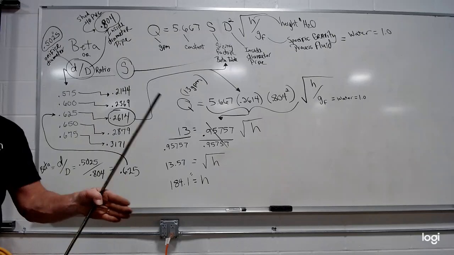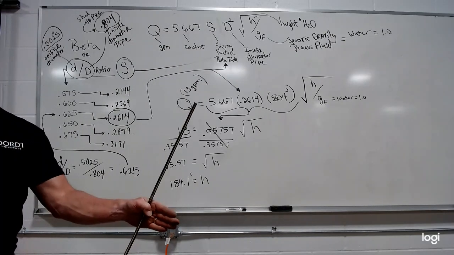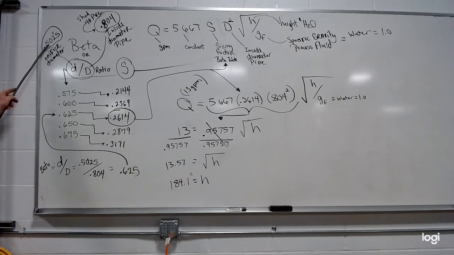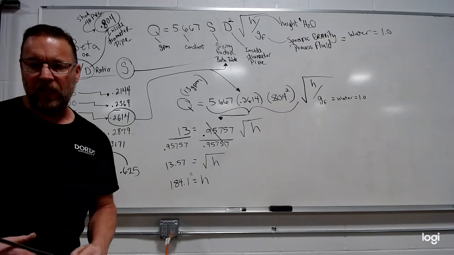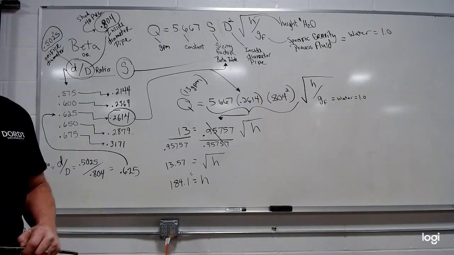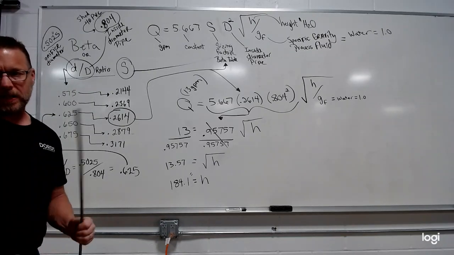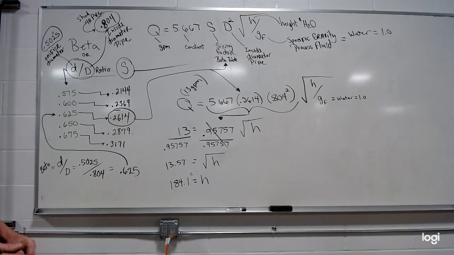So that restriction that we put in the pipe, that orifice plate, actually has a hole in it that is 0.5025 inches in diameter. How do we know that? Keith and I just drilled that hole today, all right? I measured it with a digital caliper, and it came up exactly to that. That's what we were looking for, and it worked out pretty good.